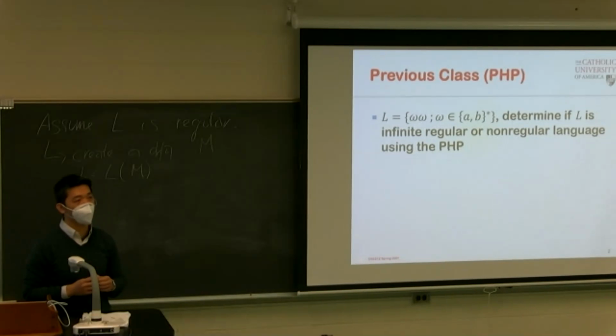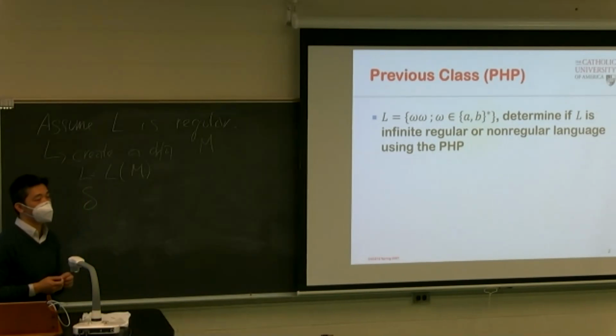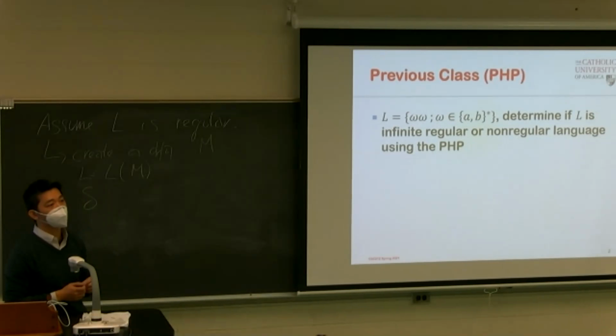How do we pick W? Any idea? Okay, give me an example. Like A.